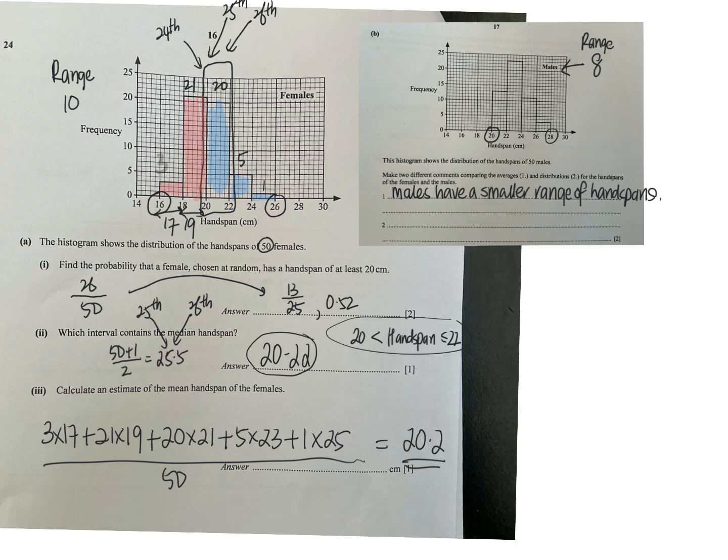Okay, next one. On average, if you want, you can go and calculate the mean for male. Do a quick calculation for the mean. What is it? 23.16. So if you calculate the male versus the female, you realize that on average, the male has a longer handspan than the female because of higher mean. So you can also comment on that.